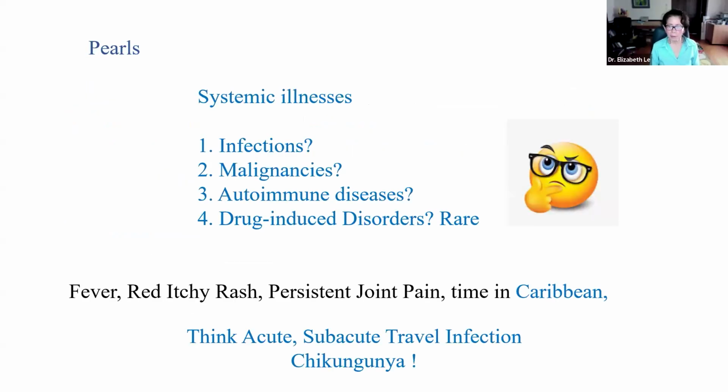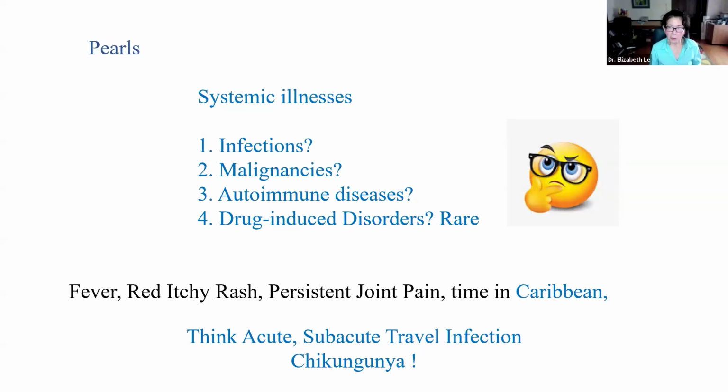So systemic illness, again, think about your immune system slide. Put on your thinking cap and say, okay, is this an infection? Is this a malignancy? Is it an autoimmune disease, or probably some rare causes like drug-induced disorders? The patient in our case had fever up to 102. She had a red itchy rash on her face and her hands.